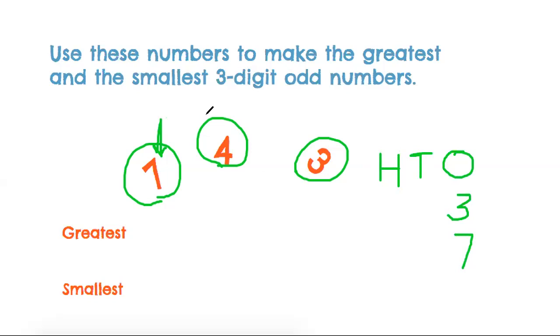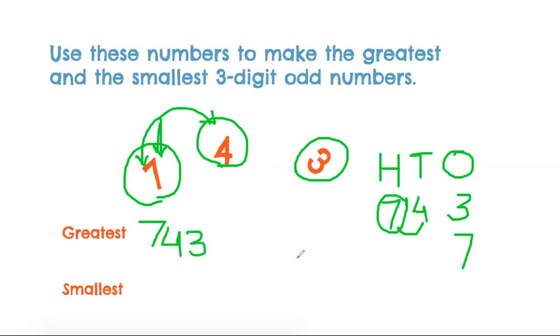That means we would be left with 4 or 7 if we want 3 in the ones place. So 4 in the tens place and 7 in the hundreds place. Why? Because 7 is greater than 4. So the greater hundred would make a greater number. 743 is the greater number.